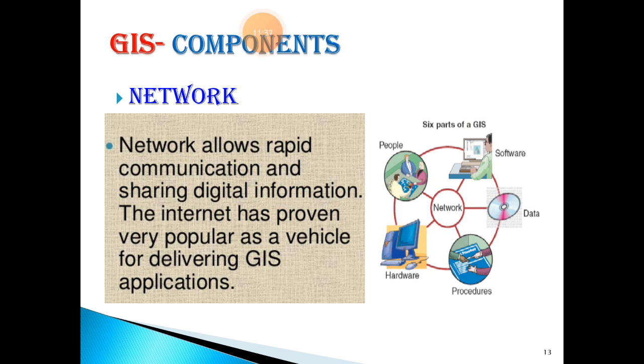And the fifth one is people, which involves the public as well as professionals of the GIS. And then the sixth one is the network that coordinates the rest of all the components and shares the information from the source of GIS to the needy through the web maps and web applications. With this, we are completing the components of GIS.